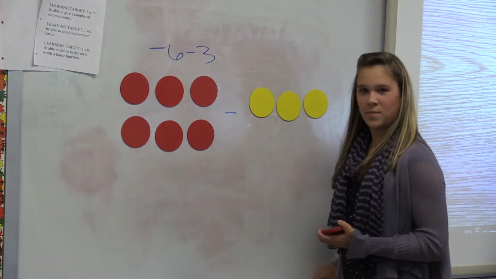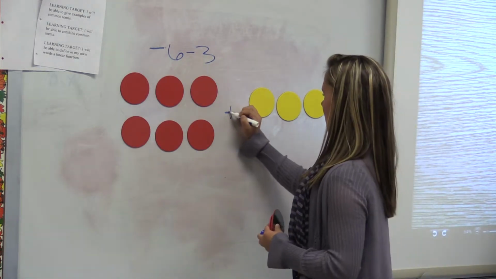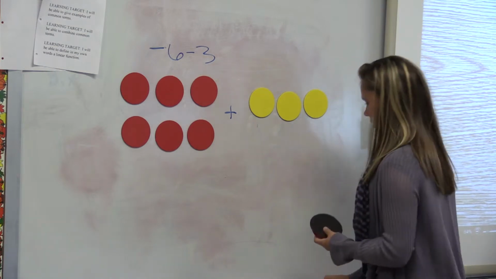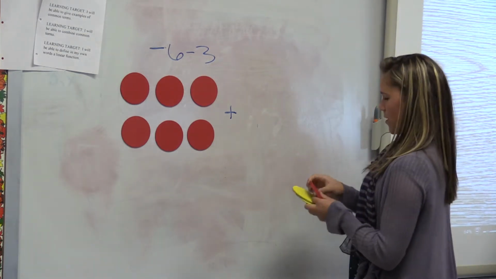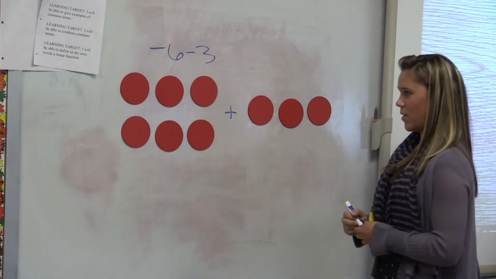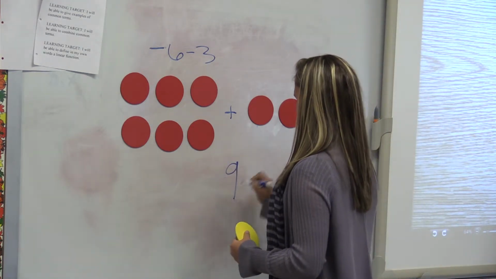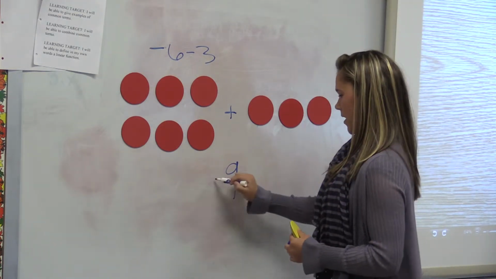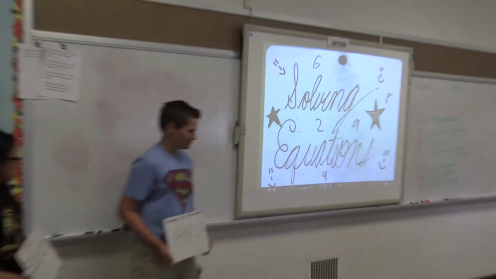Then you would add the opposite and you would change the sign to a plus sign. And then change the 3 yellow circles to 3 red circles. Then you would add and you would get 9. Then your answer would be negative.